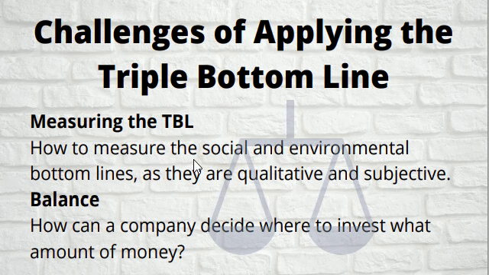But how are you going to measure the social and environmental bottom lines is the question, because a large part of this social and environmental bottom line is qualitative and is also subjective. When you talk about healthcare, for example, there are some things which cannot be measured.